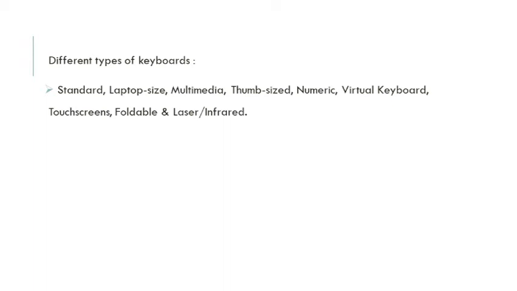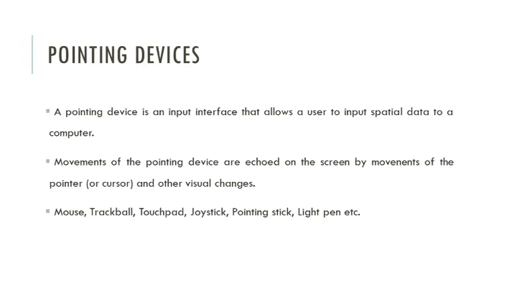Then we have the pointing devices. A pointing device is an input interface that allows a user to input spatial, which means continuous and multi-dimensional, data to a computer. Basically we have different divisions of these pointing devices. Based on the motion of an object, we have the mouse and trackball.